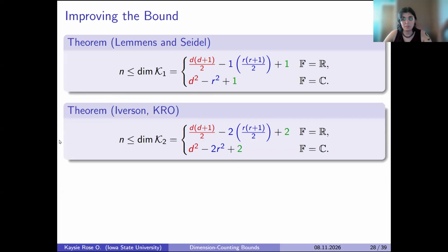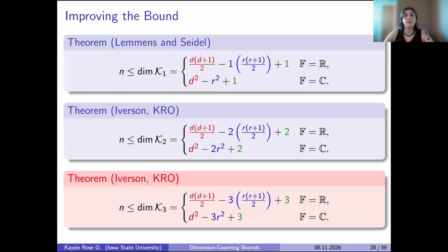It follows the pattern that we saw visually on the previous slide. We're going to go one more. The dimension of K3 is going to repeat that pattern one more time: red minus 3 blue plus 3 green.